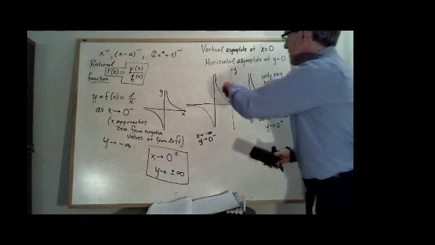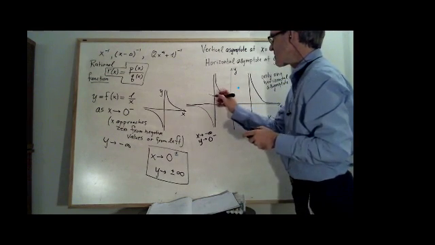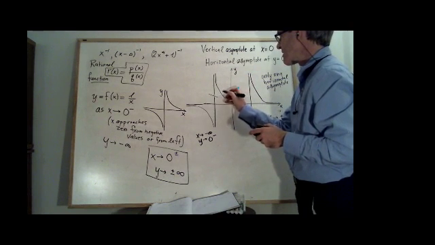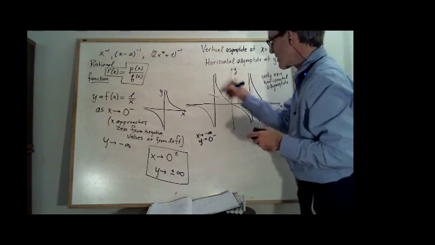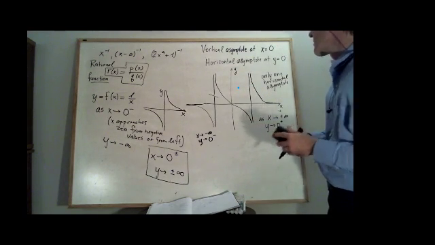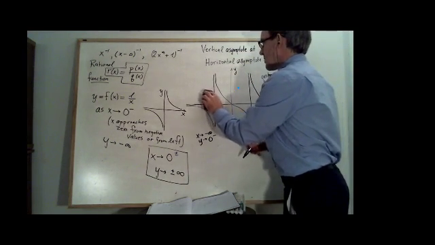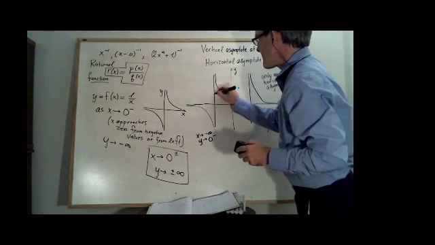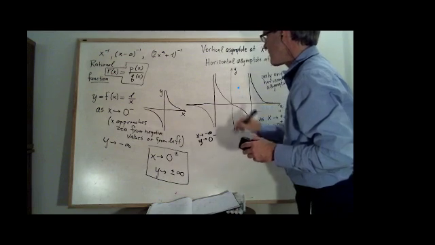If you have part of the curve there, this will also violate the functional property, because we'll be able to draw a vertical line and cross at two or more points. So that will fail the vertical line test for a function.